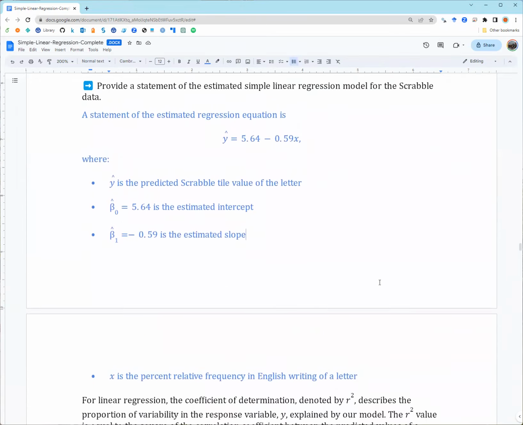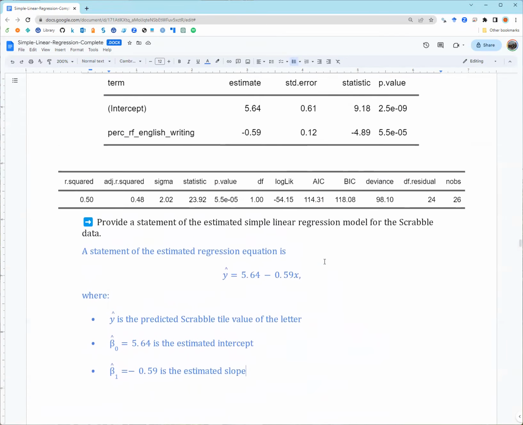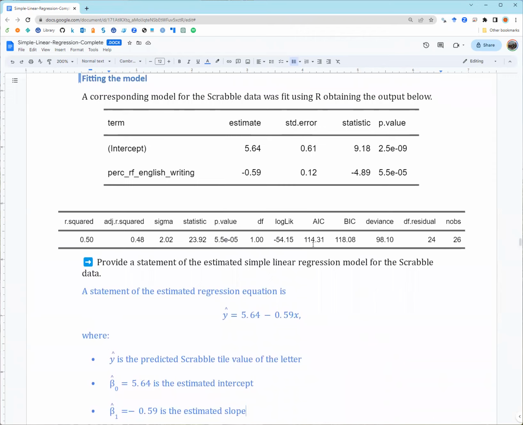When we fit a regression model using R or other software like Python or SAS, one of the most common statistics or numerical summaries that people like to use to describe how well the model does in fitting the data is the R-squared value, also called the coefficient of determination.